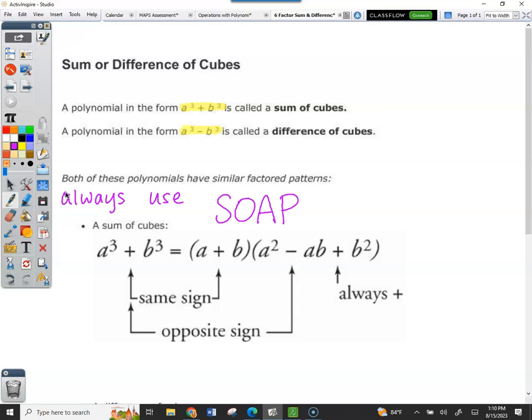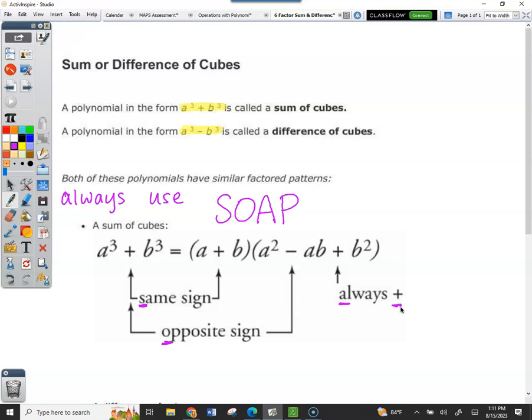It's an acronym that stands for same sign, opposite sign, and then always positive. Same, opposite, always positive. That's how you get the signs when factoring a sum or difference of cubes.